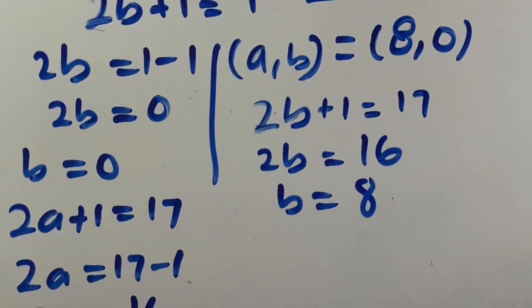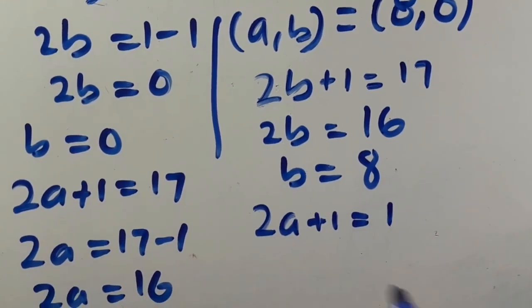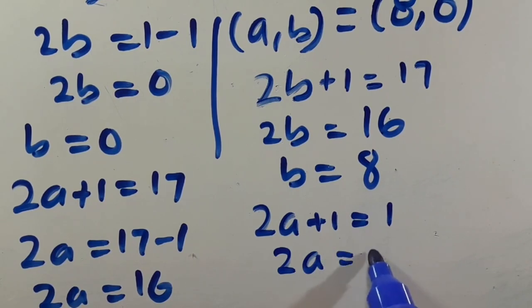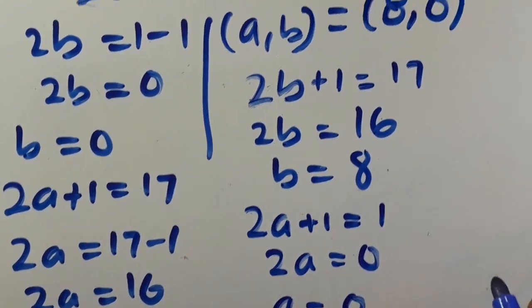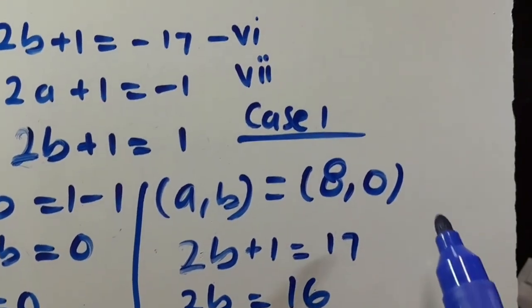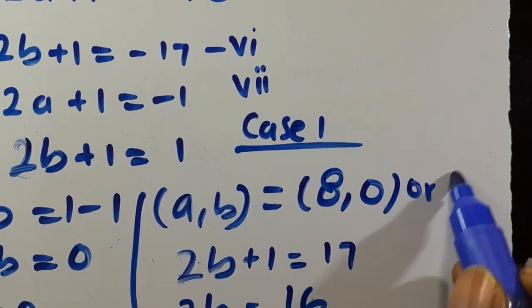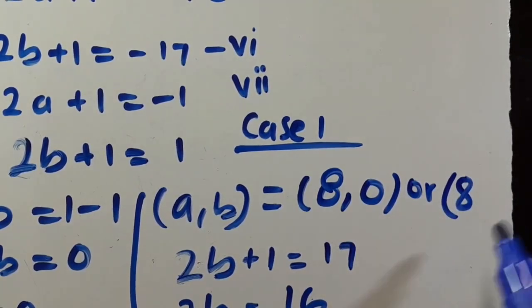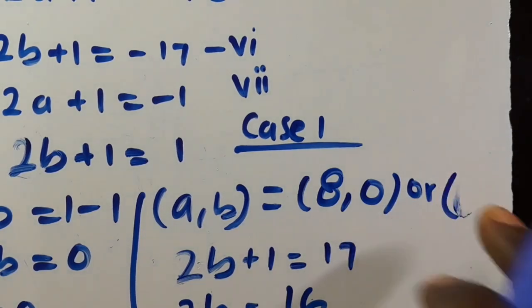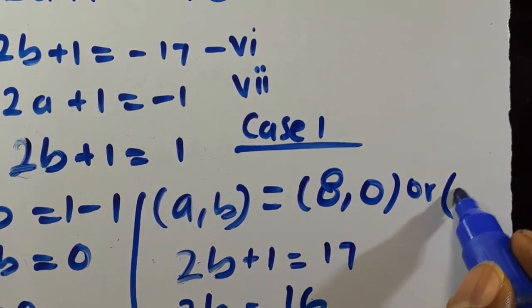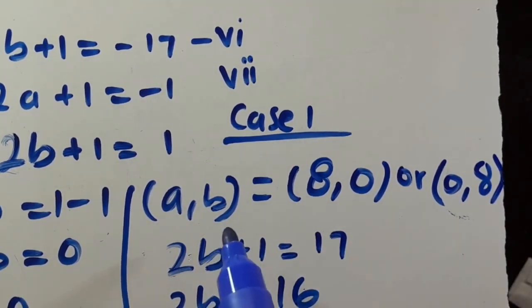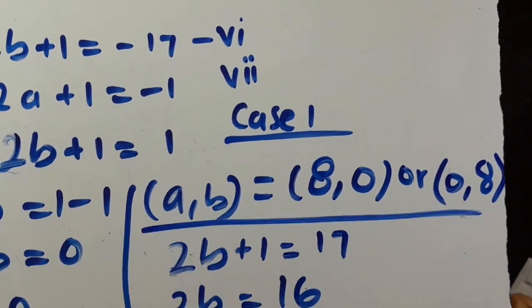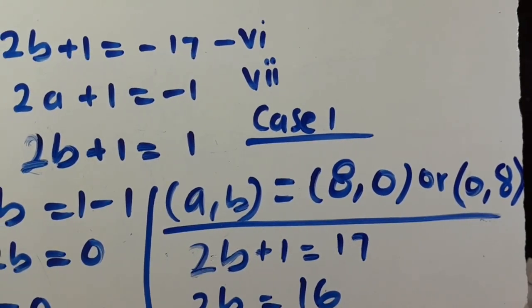Then we are going to have 2a plus 1 to be equals 1, taking this one to this side, we have 2a to be equals 0. Will be 1 minus 1. Then we have a to be equals 0. Likewise, we also have another one from here, or you have it to be 0, 8, the reciprocal of it. That's the first one when we go along with positive integers.